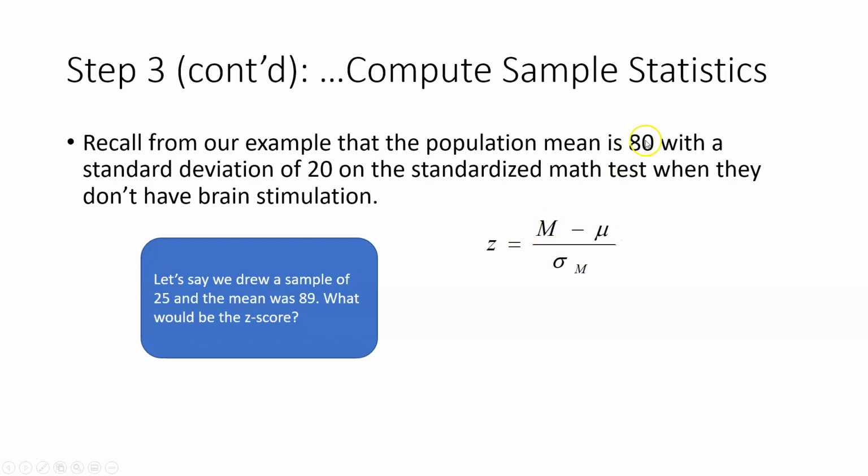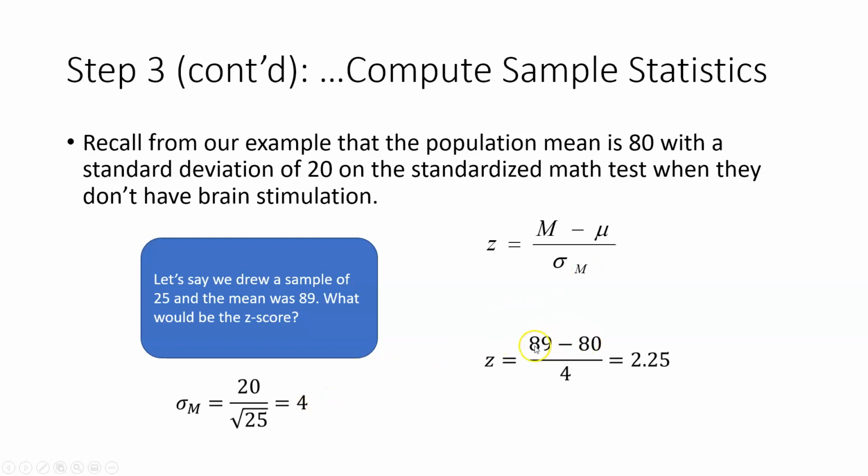Remember, 80 is the population mean, 89 is our sample mean, so how far apart our sample mean is from our population mean is 9 points. 89 minus 80, 9 points. How far do we expect it to be on average? Remember, the standard error of the mean we computed on a previous slide was 4.